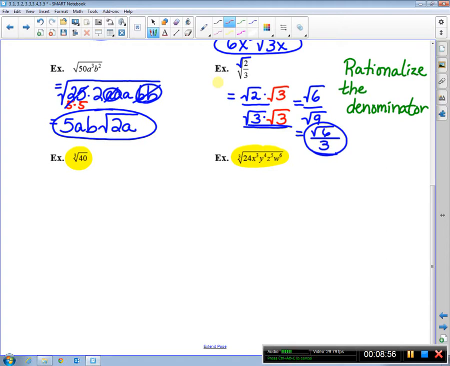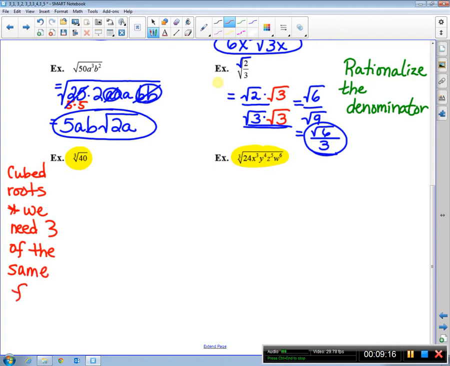For cubed roots now, we need 3 of the same factor. Or if you want, we need 3 of a kind underneath the radical.